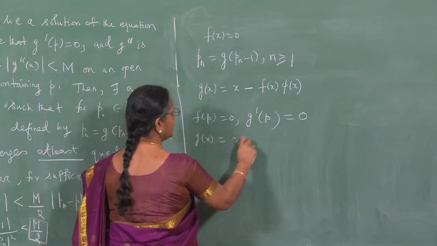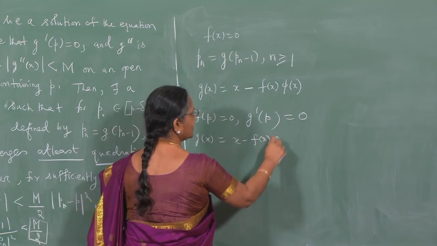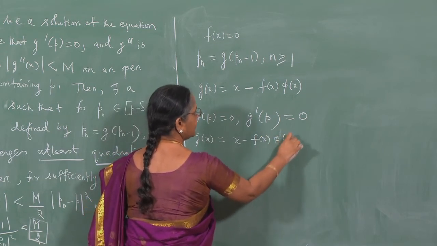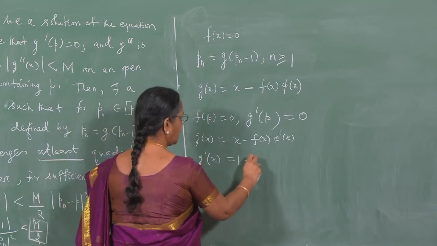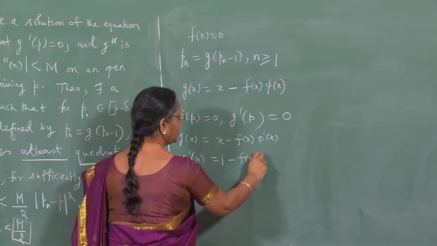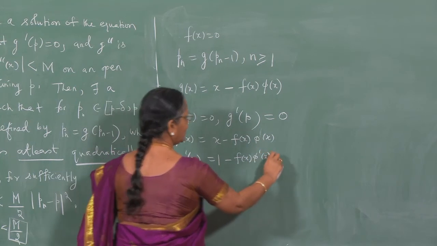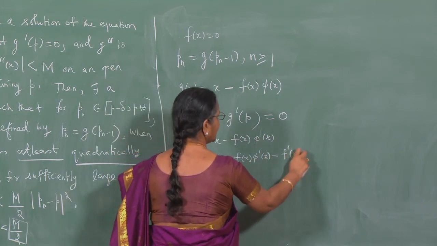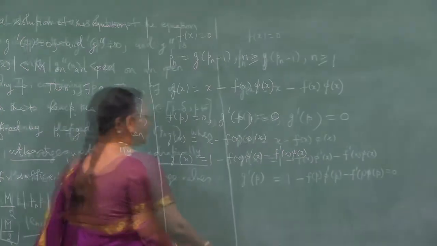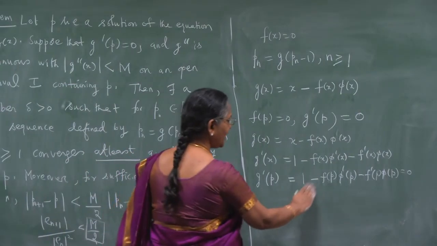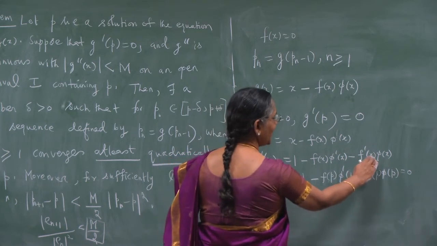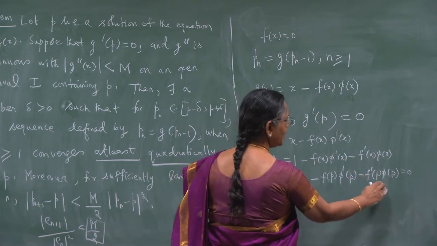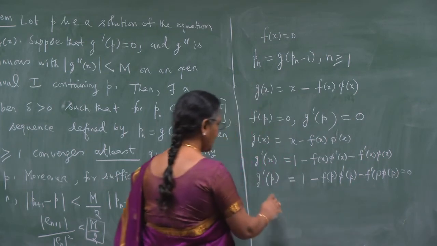So, g of x is x minus f of x into phi of x. So, g dash of x is going to be 1 minus f of x into phi dash of x minus f dash of x into phi of x. So, g dash of p is 1 minus f of p into phi dash of p minus f dash of p into phi of p, and this must be 0.